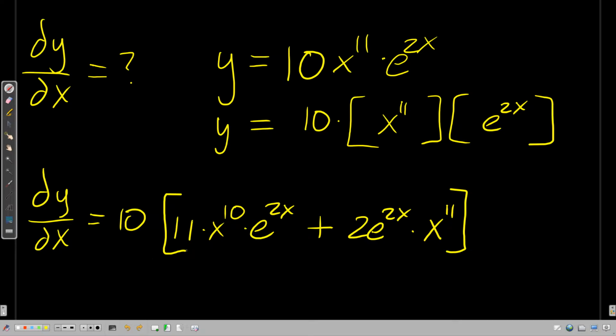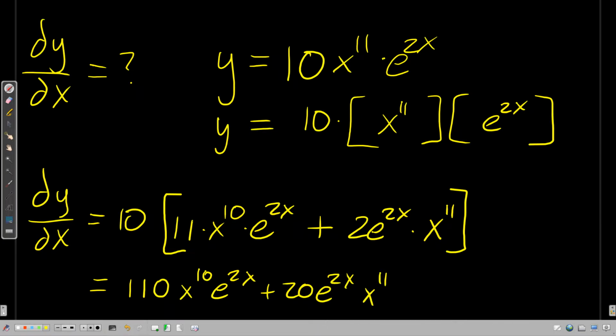If I distribute the 10, I'd be getting 110 x to the 10th e to the 2x plus 20 e to the 2x x to the 11th. Right? That's what it would look like if I distributed.